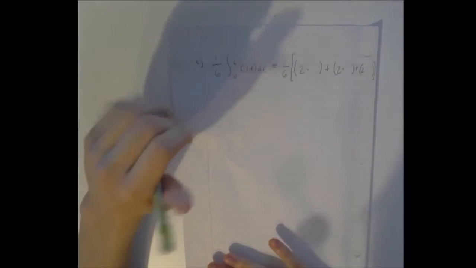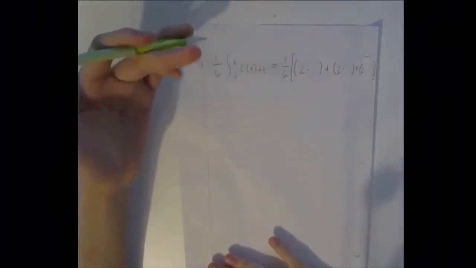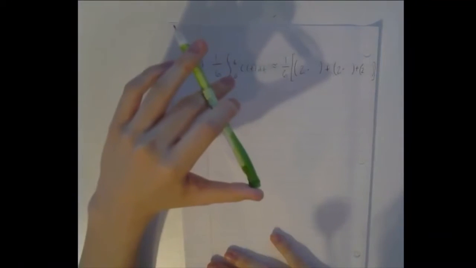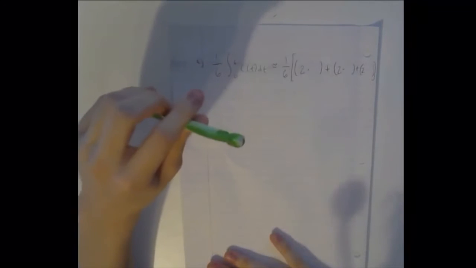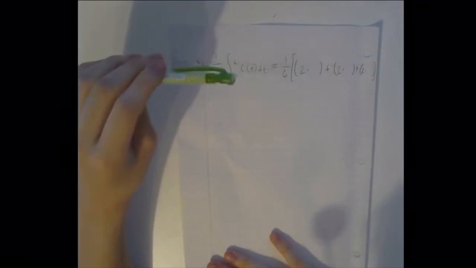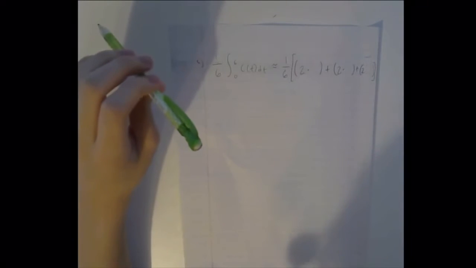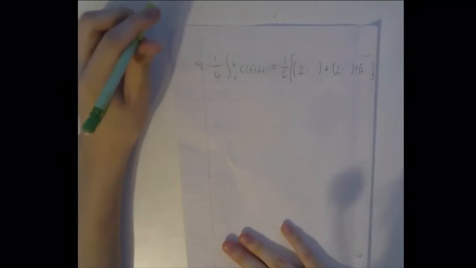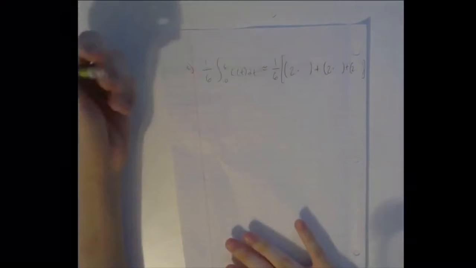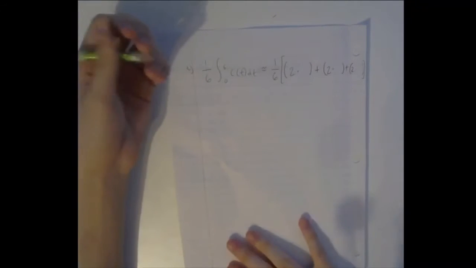To get our heights, since it's asking for the midpoint Riemann sum, we'll be getting the midpoint of each subinterval. The first subinterval is from t equals 0 to t equals 2, and we'll go in between that and get a midpoint at t equals 1, and we're going to get our c of t value for that, which is going to be our height. The c of t value for t equals 1 is 5.3.